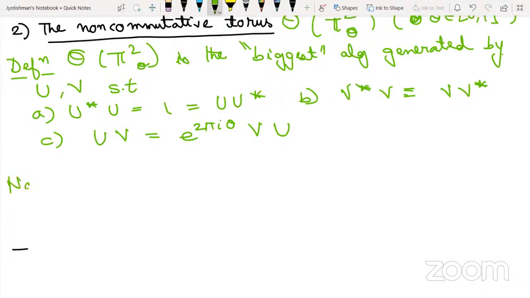So note that OT2 0 is actually isomorphic to O of T2.